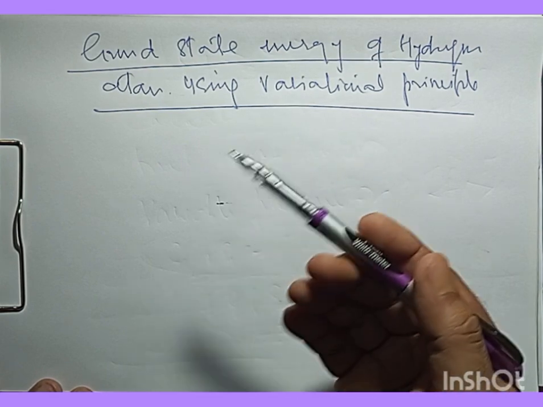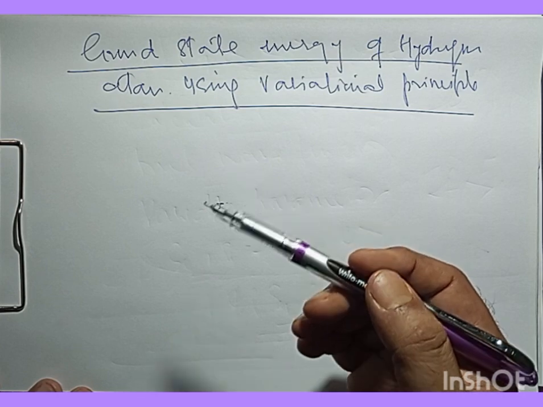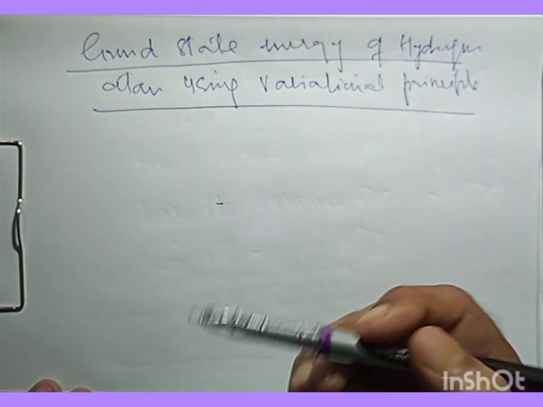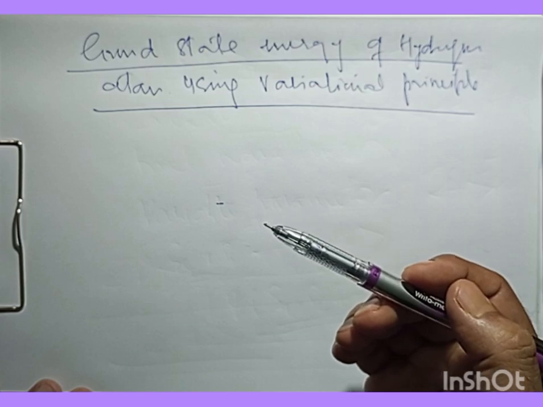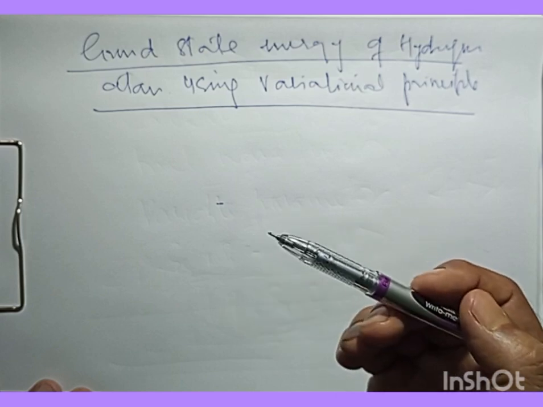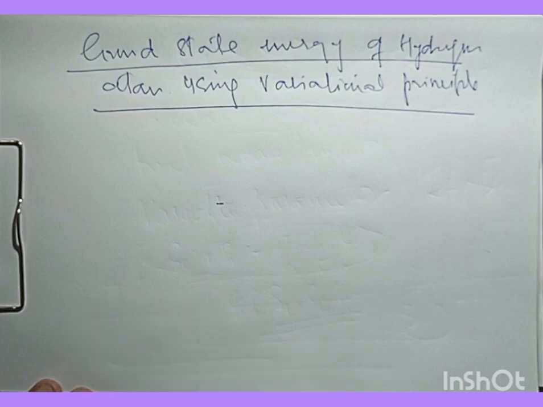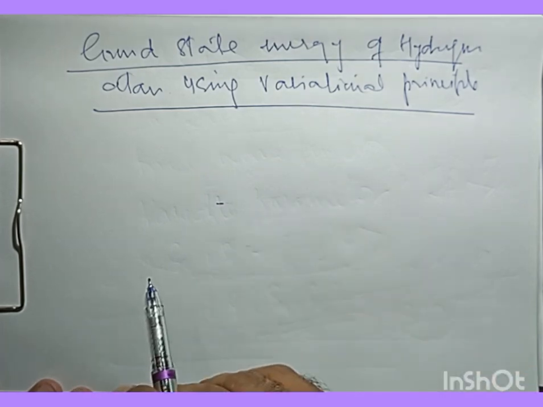If I repeat the variational principle in quantum mechanics, it basically provides a way to approximate the ground state energy of a system by choosing a trial wave function.